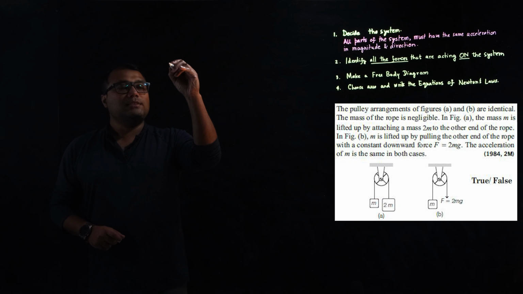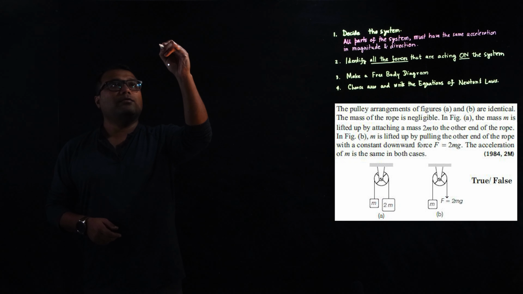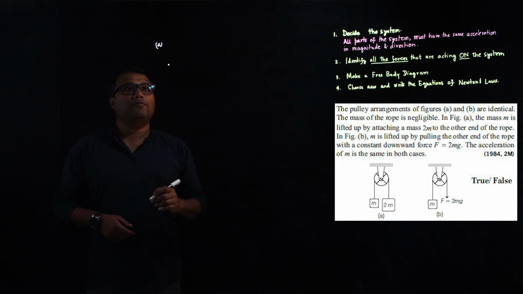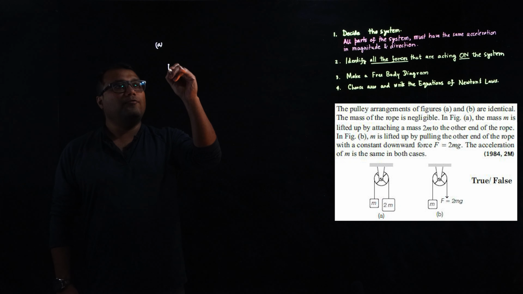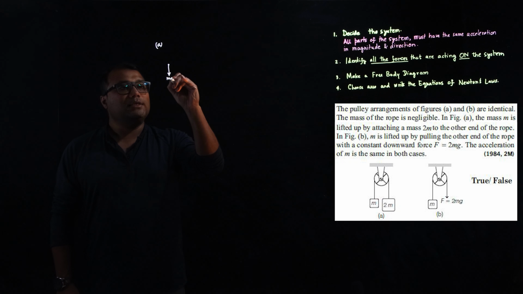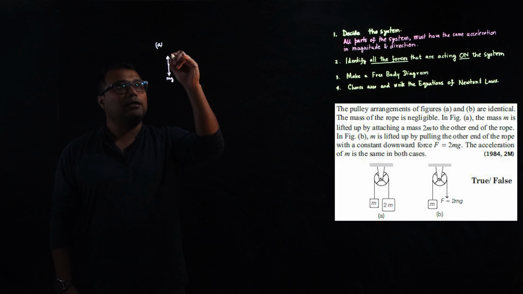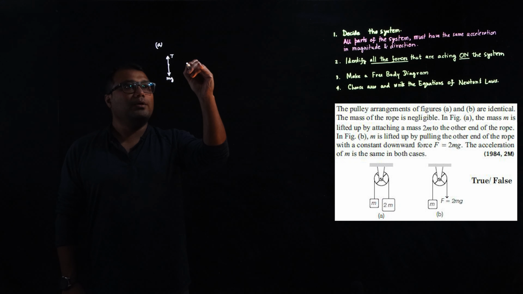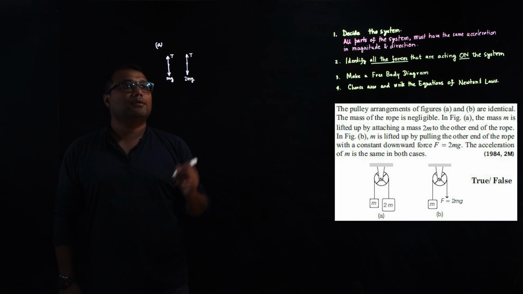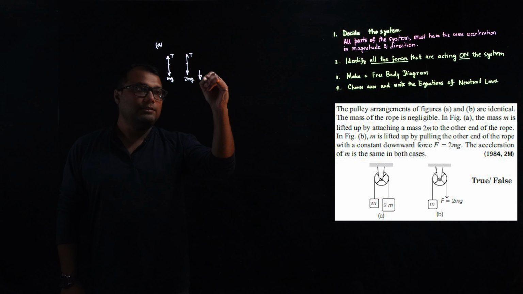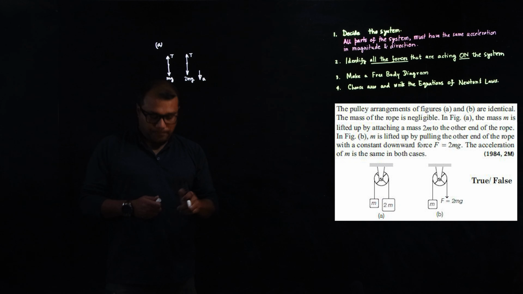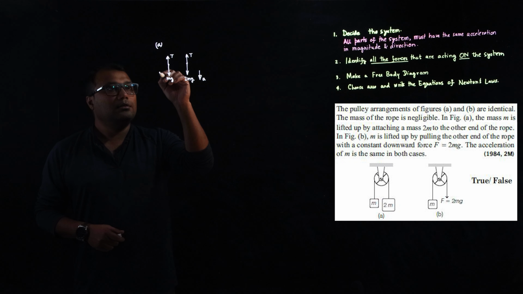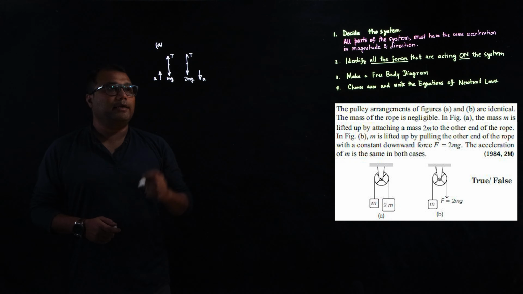Okay, so in the first case, for case A, if I draw a free body diagram of mass M, mg is acting here, tension is acting here. And if I draw a free body diagram of mass 2M, 2mg force is acting here, tension is acting here, and the acceleration is this way. So obviously this is accelerating like this.